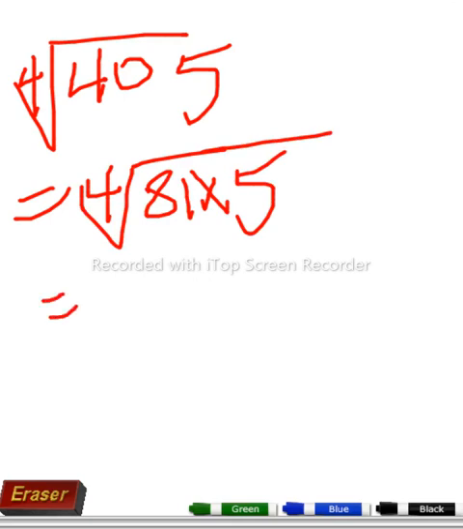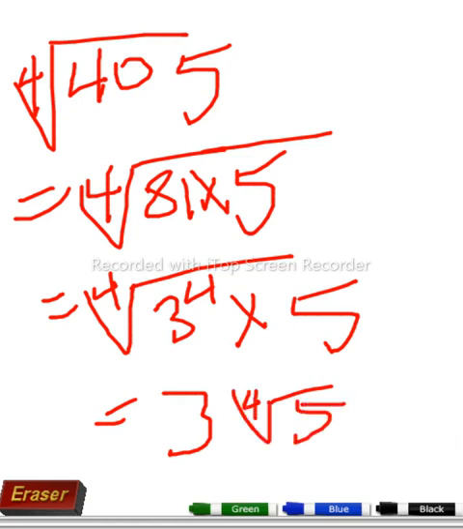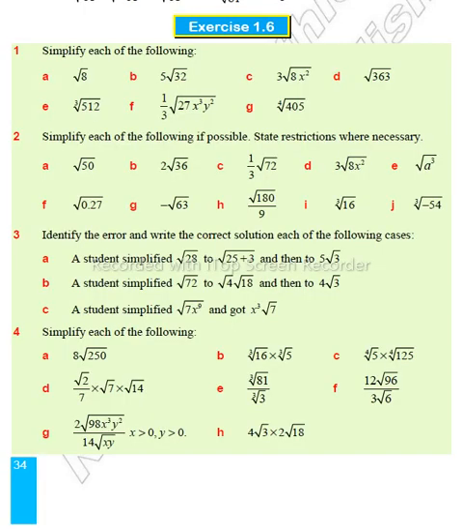So 81 means 3 to the power of 4, and we get that this 3 is a fourth-root perfect power. So 3 is outside and 5 is as it is. We have 3 times the fourth root of 5. This is the final answer for this simplification.